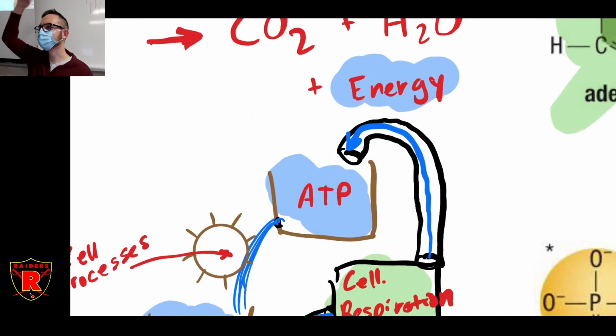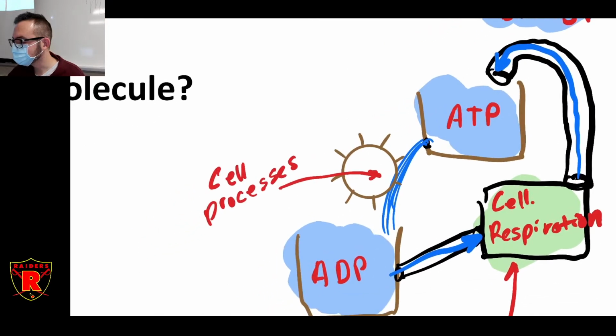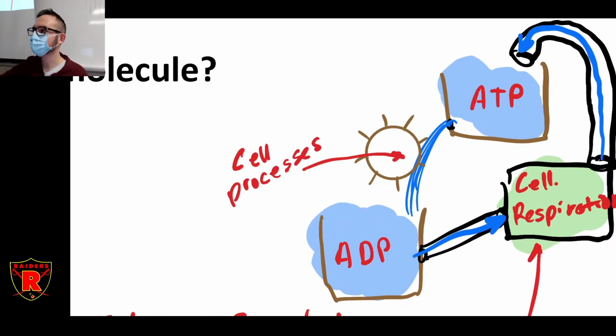It's like filling a tank at the top. That's cellular respiration. You're filling your ATP store at the top. Then you're allowing the ATP to flow back down to ADP. That's the lower energy state.